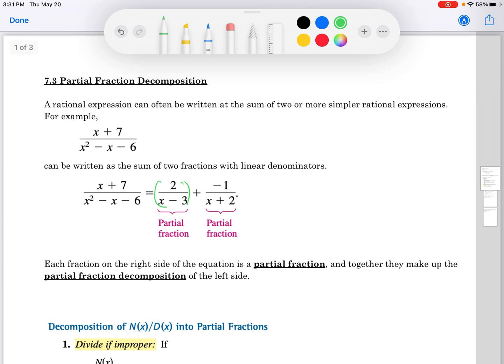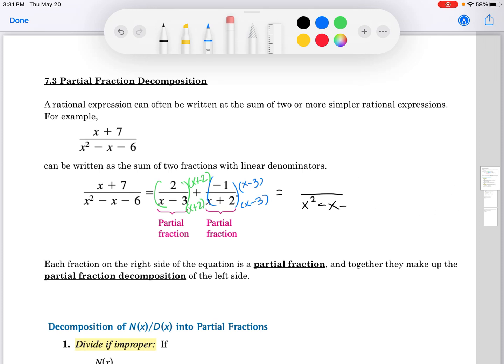So we could multiply this by x plus 2, and we could multiply the other by x minus 3. Well, let's see what we get. In the denominator we'll have x minus 3 times x plus 2. That is going to give us x squared minus x minus 6.